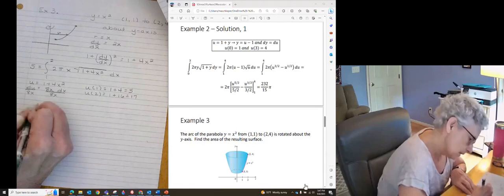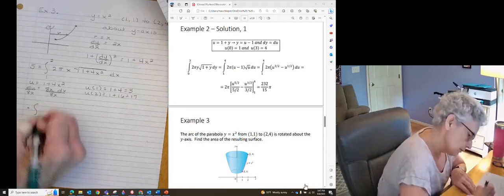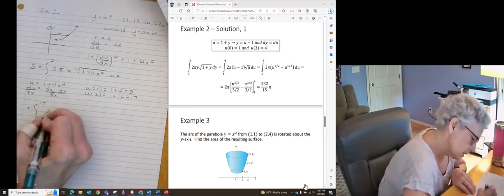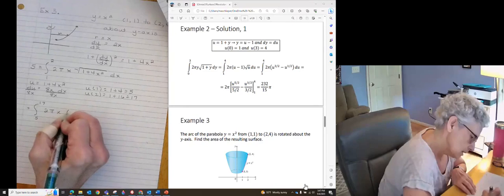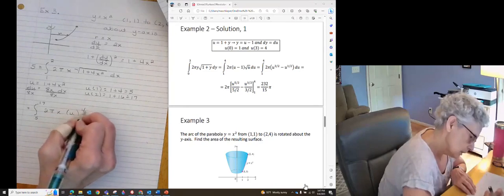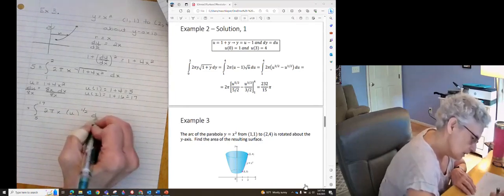So we would have the integral from 5 to 17 of 2 pi x u to the 1/2 power du over 8x.